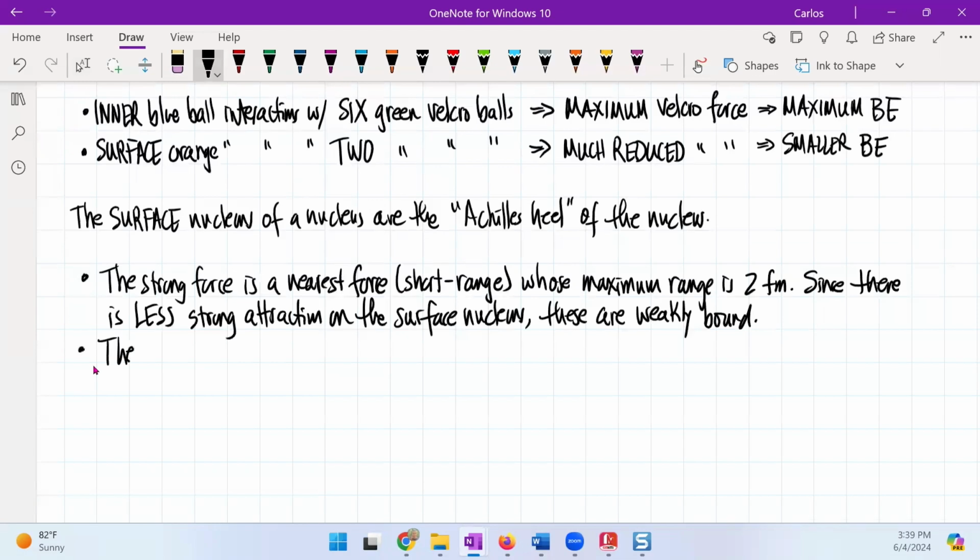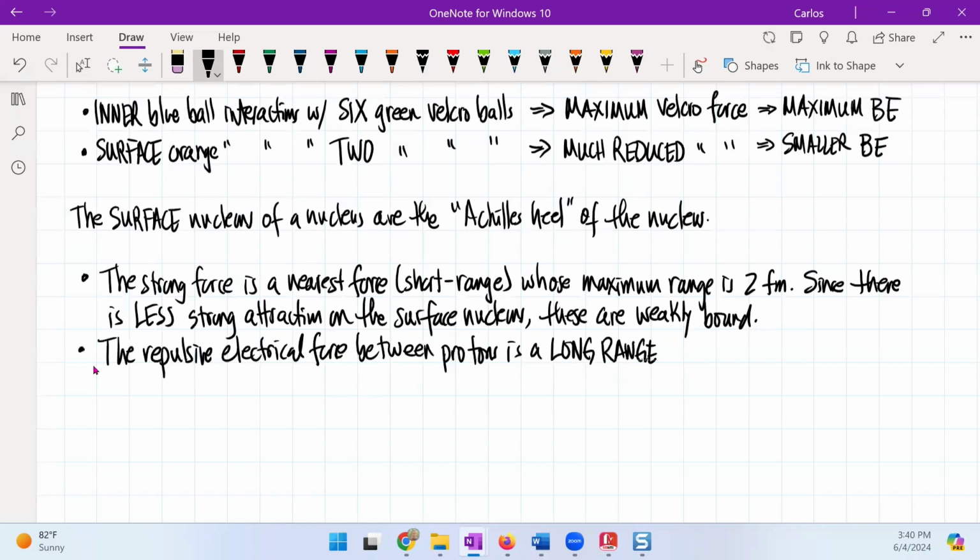The repulsive electrical force between protons is a long range force, and that means a force that extends well beyond the edge of the nucleus.